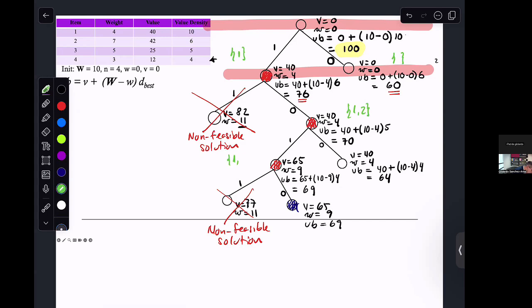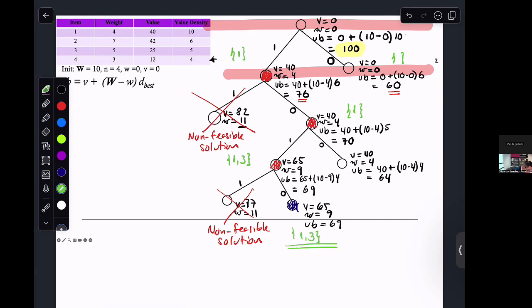I'm sorry. No, that's not true. This is only 1. Okay, it's just 1 because I decided not to include the second one. And here we have 1 and 3.